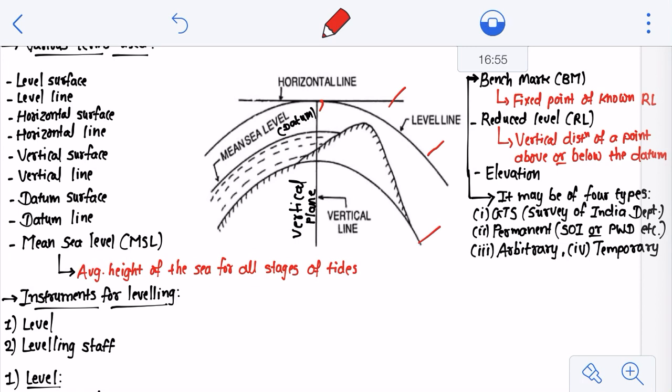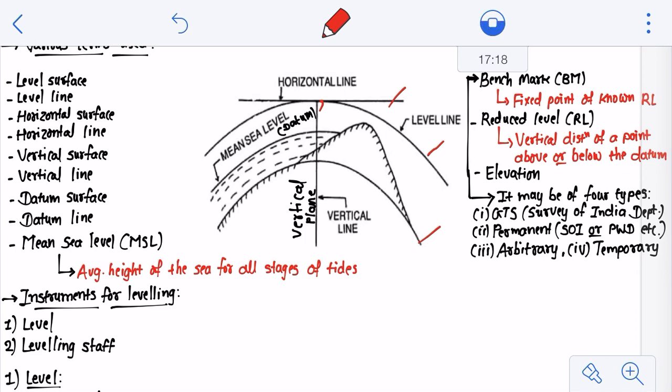So that's how the different countries will try to take the sea levels or nearby sea levels as a reference to determine or define the elevations of different points in their country or in their area, right? That's how this datum is used. So that is termed as a datum surface, right? So the line, if you consider on that surface, it is termed as your datum line, right?